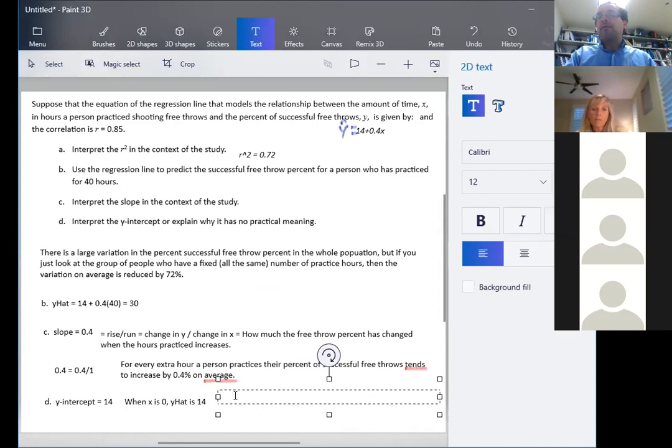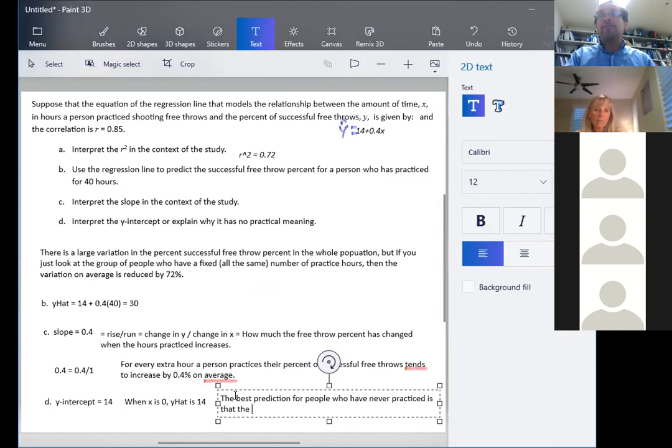So what we can say is that the best prediction for people who have never practiced is that they will have a successful free throw percent of 14%.